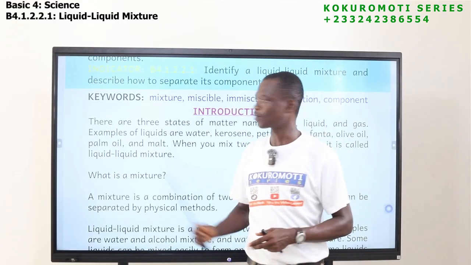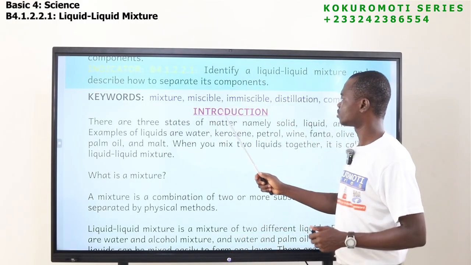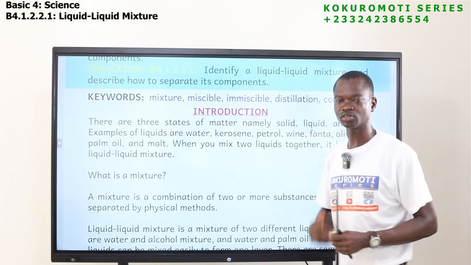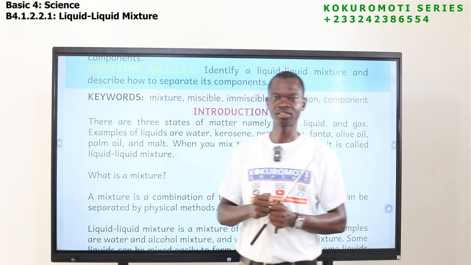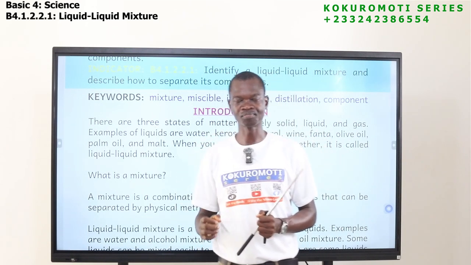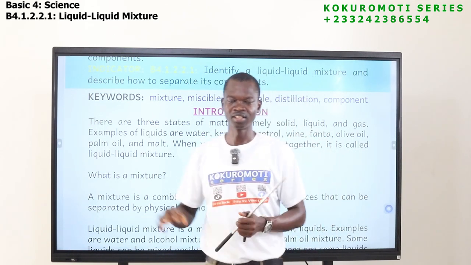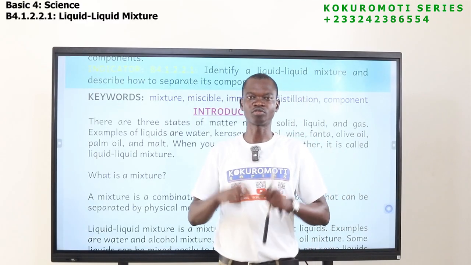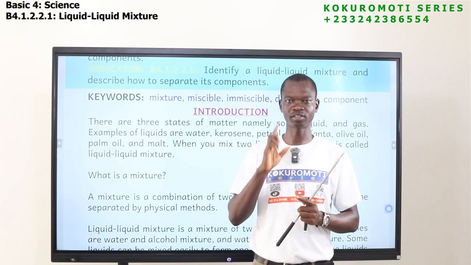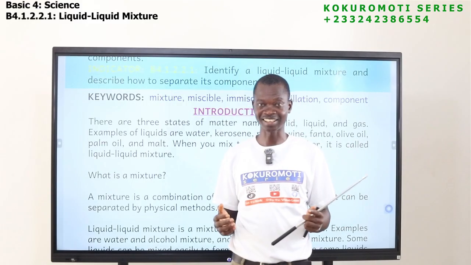We call it mixture. When you come here, miscible, we are talking about two or more things that can be mixed together to form one layer. So we have miscible liquids. It means these liquids, you can mix them to form one layer, one uniform layer or color.